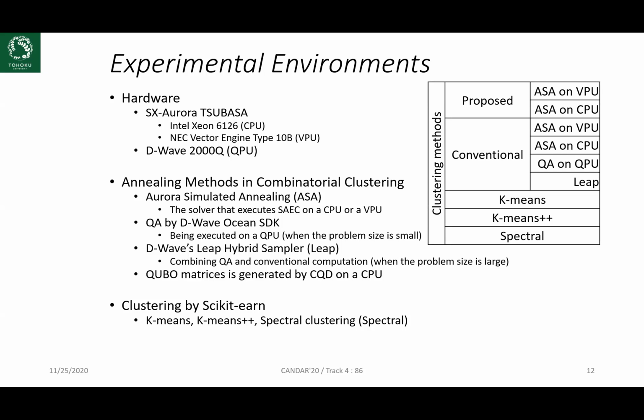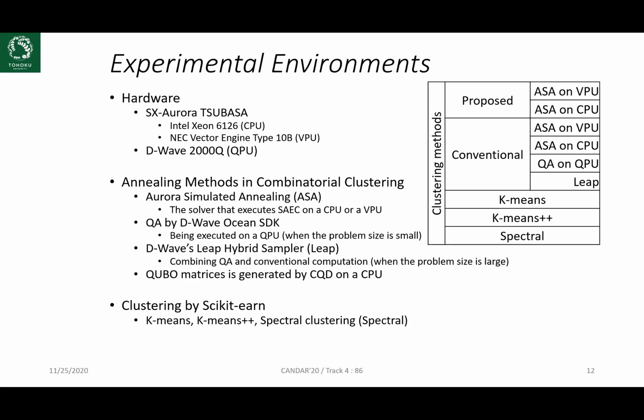This paper compares the proposed method with 4 methods. One method is the method using QA on a QPU, quantum processing unit. However, QA cannot be performed if the problem size is large because the number of qubits is limited.